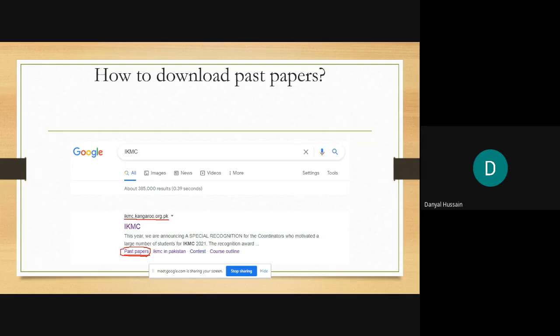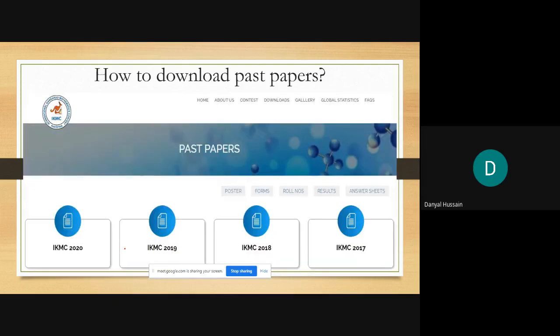If you click on the past papers option, this kind of page will appear on your screen, in which there are past papers of IKMC 2020, 2019, 2018, 2017, 16, 15, and many more.